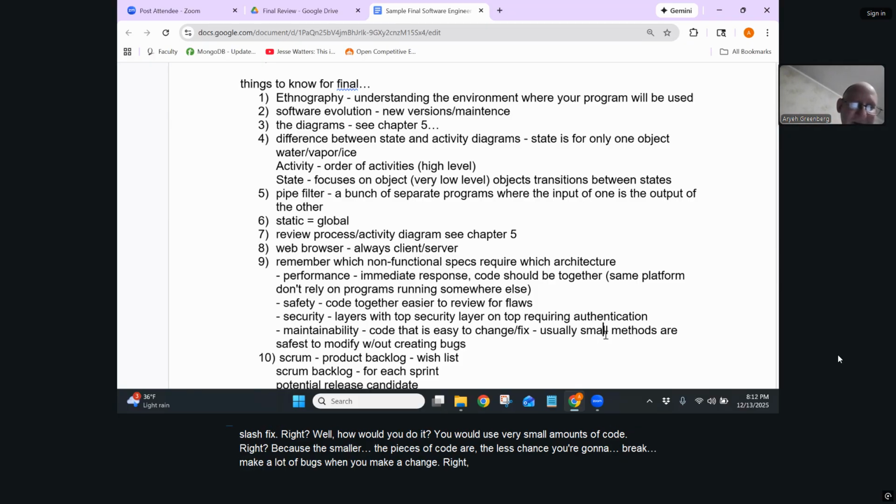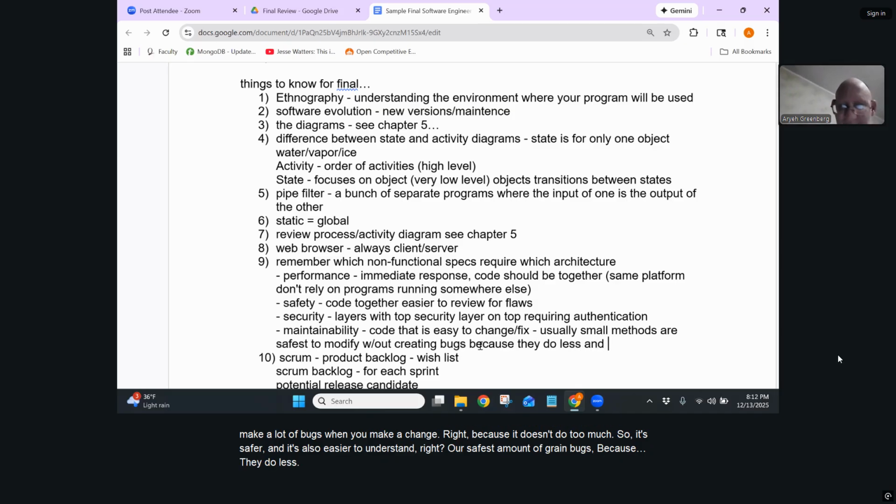Because it doesn't do too much, it's safer and also easier to understand, right? Such functions are the safest to modify without creating bugs because they do less, and they are also easier to understand.